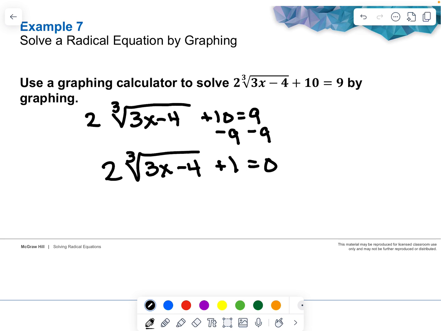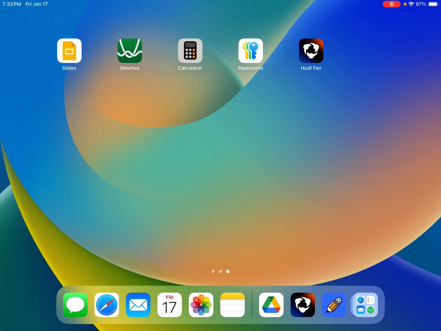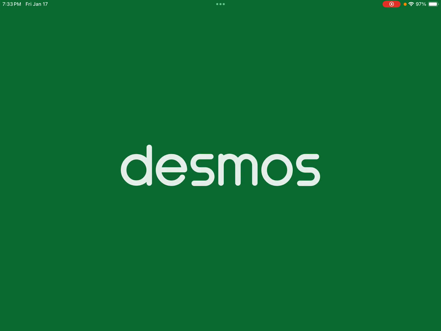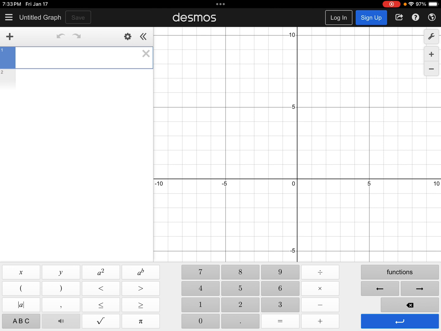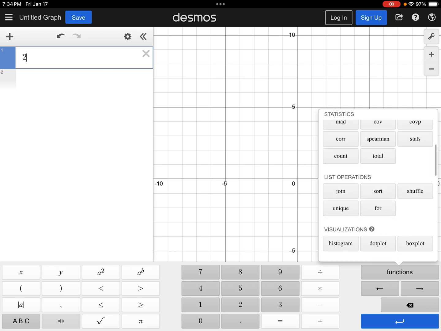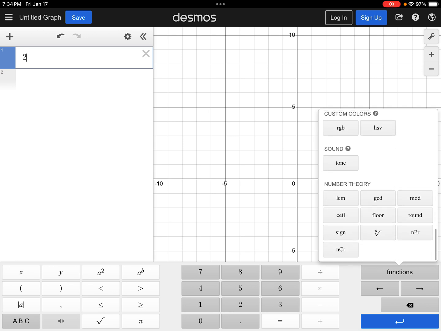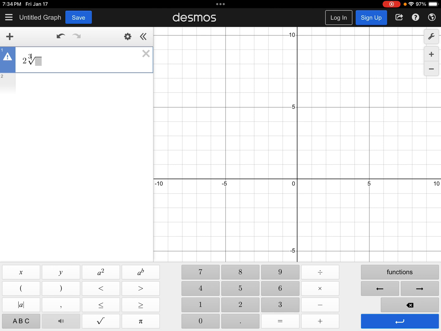Let's plug this into Desmos. I think the cube root is under functions. Cube root of 3x minus 4 plus 1. So that is what it looks like.